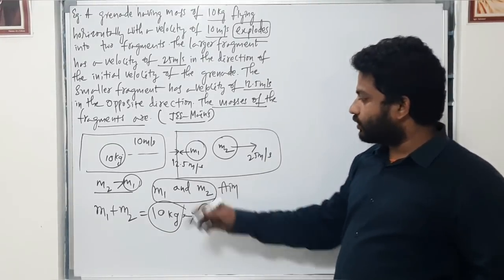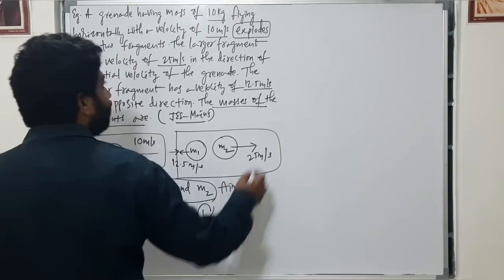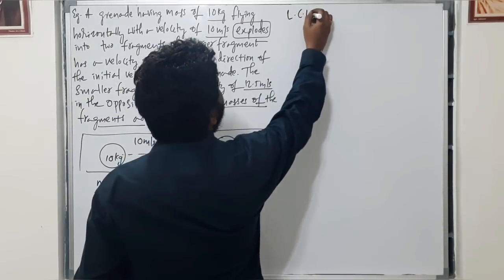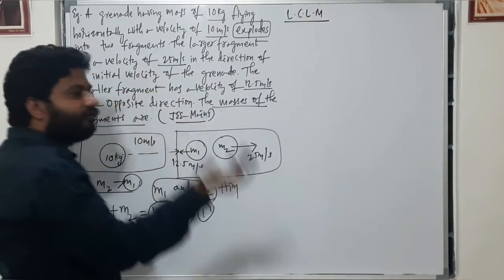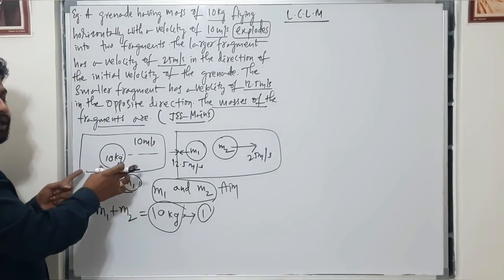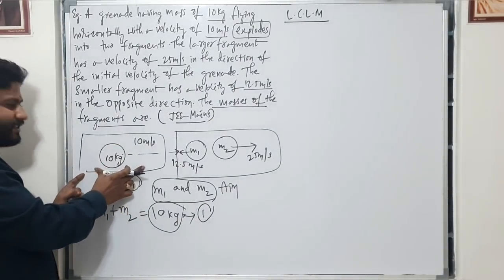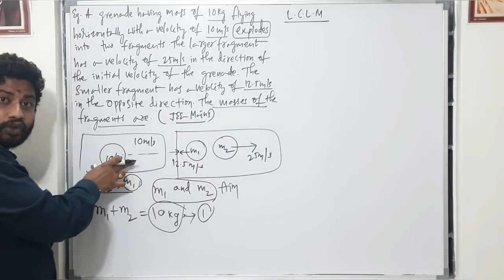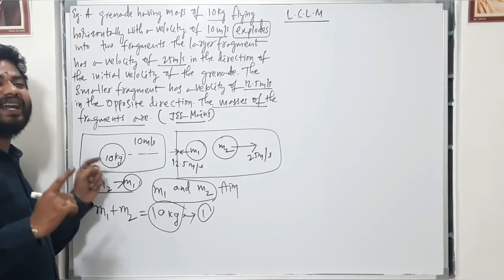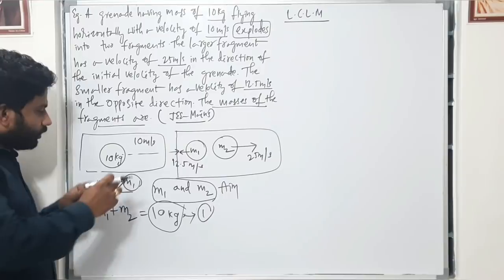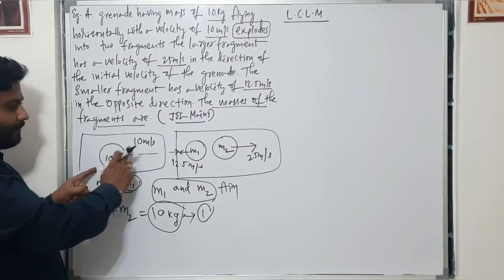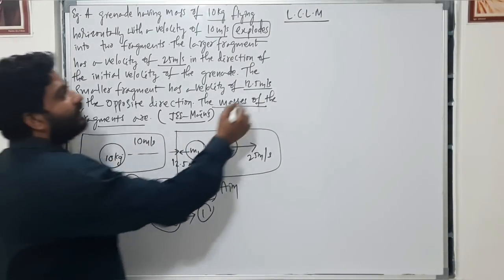Let's solve by using the law of conservation of linear momentum. According to the law of conservation of linear momentum, before explosion, what is the total linear momentum of the system? Before explosion, there is only one body called grenade. Total linear momentum of the system is M into u, which is 10 into 10.